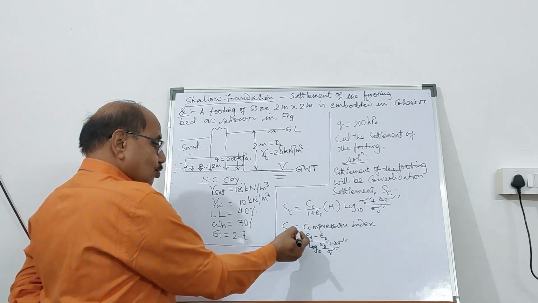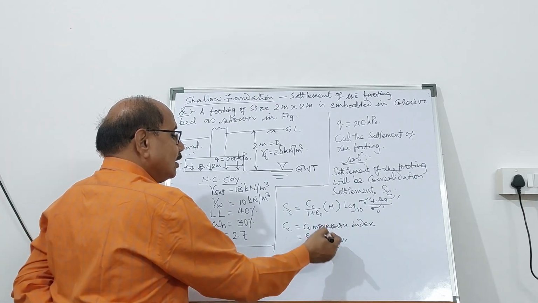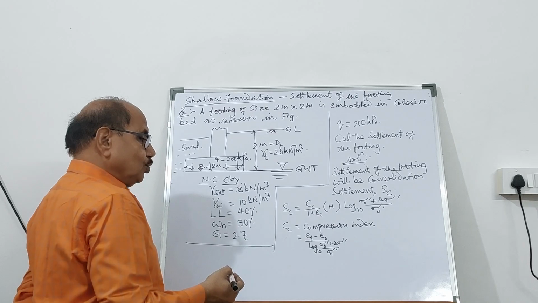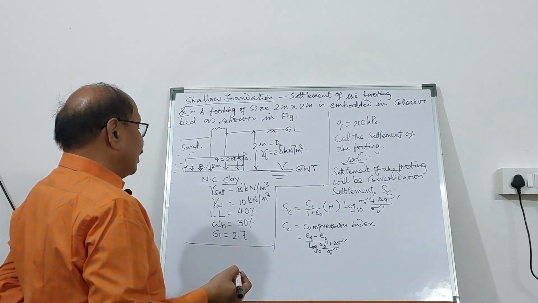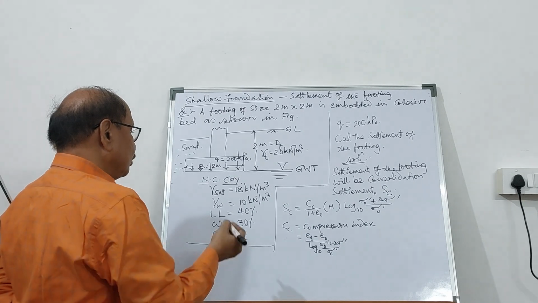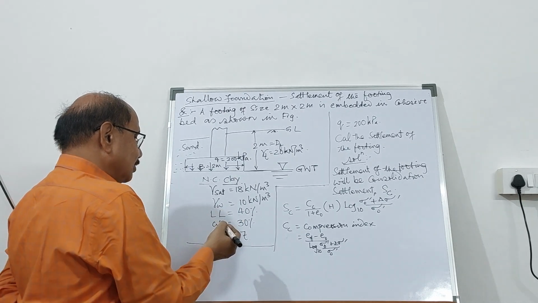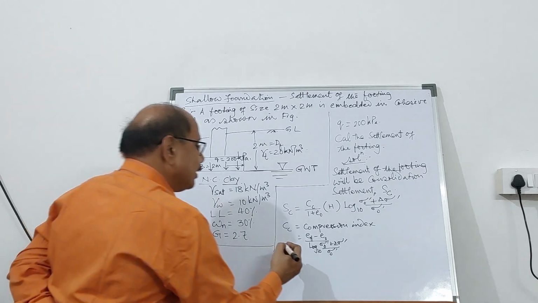But because you don't have these values known to you, what you can do is use an empirical relationship. So what is the empirical relationship?